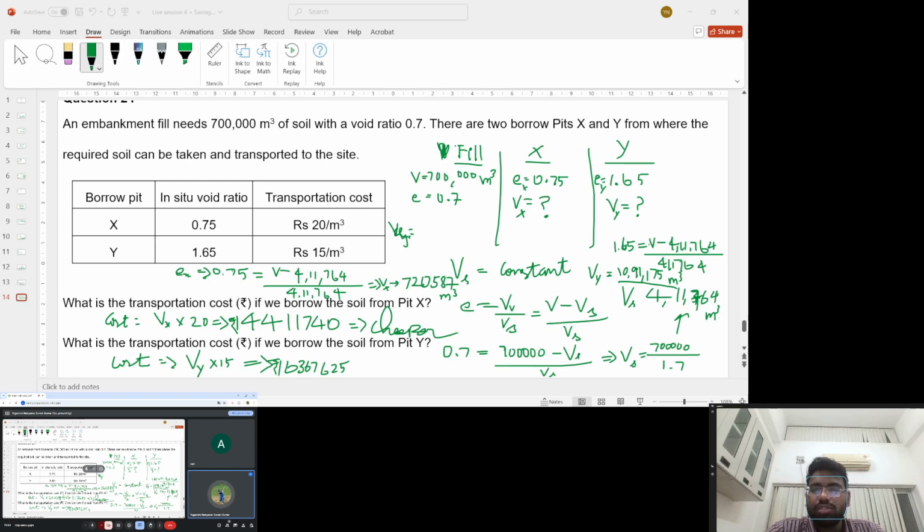So that gives you the cost. Eventually if we compare these two, transporting from borrow pit X is relatively cheaper. So this is one of the practical applications of where the weight-volume relationships of soil come into picture. So with this, am I clear? Yes, sir.